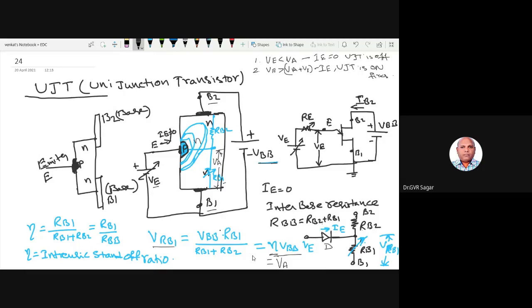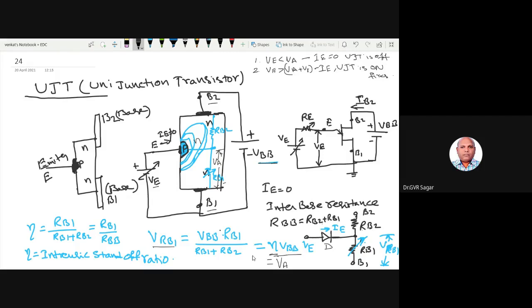So while this charge density moves from emitter to base 1, repelled by base 2, the resistance RB1 decreases. As the charge carriers increase here, the current increases. When the current is increasing, the drop across this also decreases.